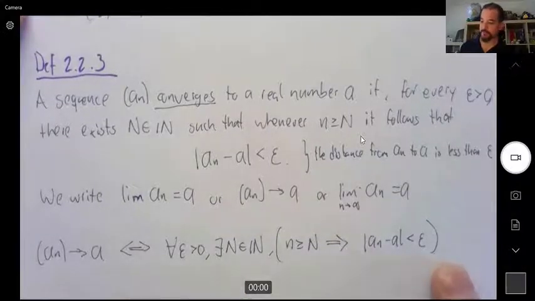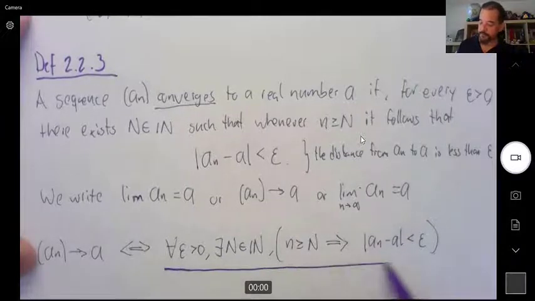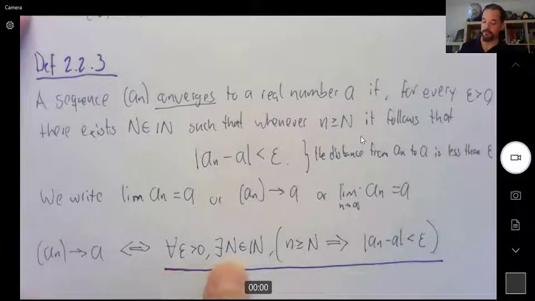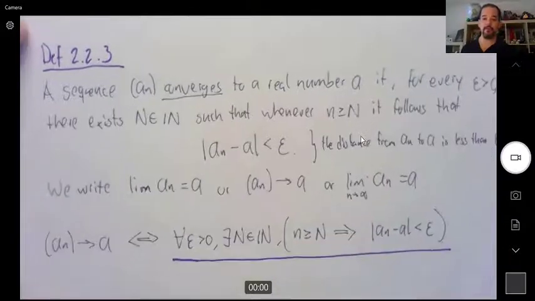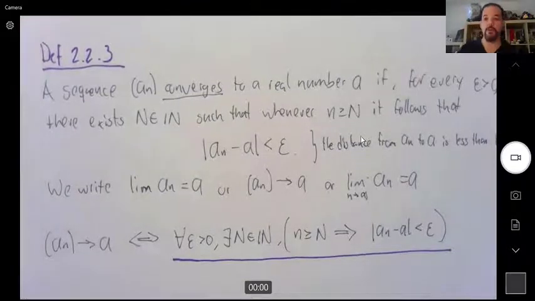All of this line is the symbolic way of the convergence definition we just learned. For every little epsilon, there is some capital N, such that for every little n bigger than capital N, this happens. And now we're going to restate it in a more geometric way, in a way that we can draw pictures, which is probably what you're going to try to do when you want to prove anything about convergence.